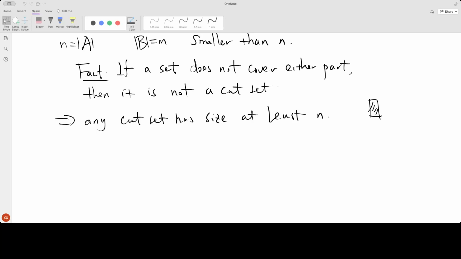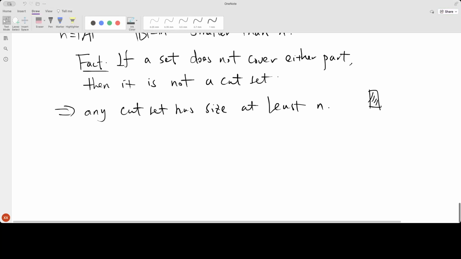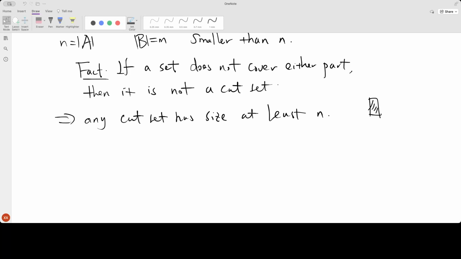Okay, let me do a more complicated example. So another example is the n cube. So the bipartite graph is very easy, but now we are talking about the k cube, Qk. What is the k cube? It consists of all the k-strings of 0, 1.